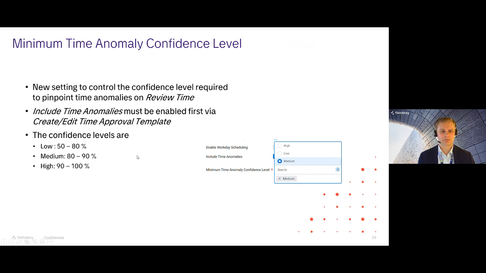And now you have 3 different confidence levels available, depending on how many wrong results you would want to see, or how sure you would like to be to check more things manually. So a bit of flexibility now in this setting. It is configured in the time approval template.